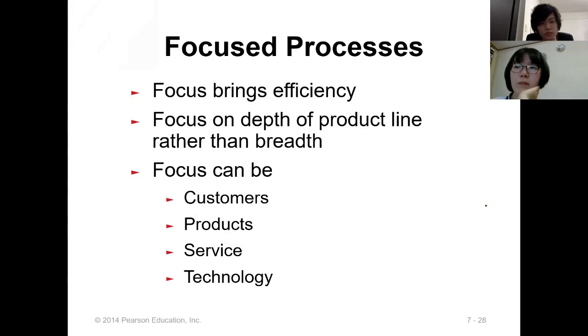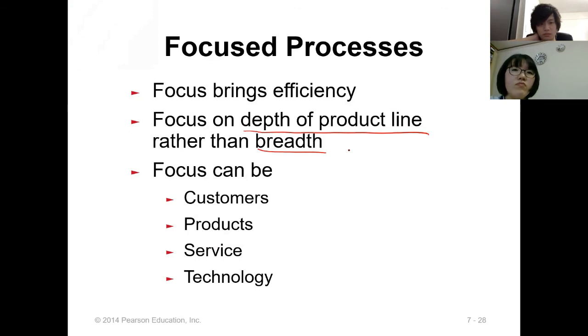So this is only highlighting that if we want to increase efficiency, we need to have focused processes. Focus means you don't want to have a process which is so diverse. That's why companies who are successful have depth of product line, not breadth.